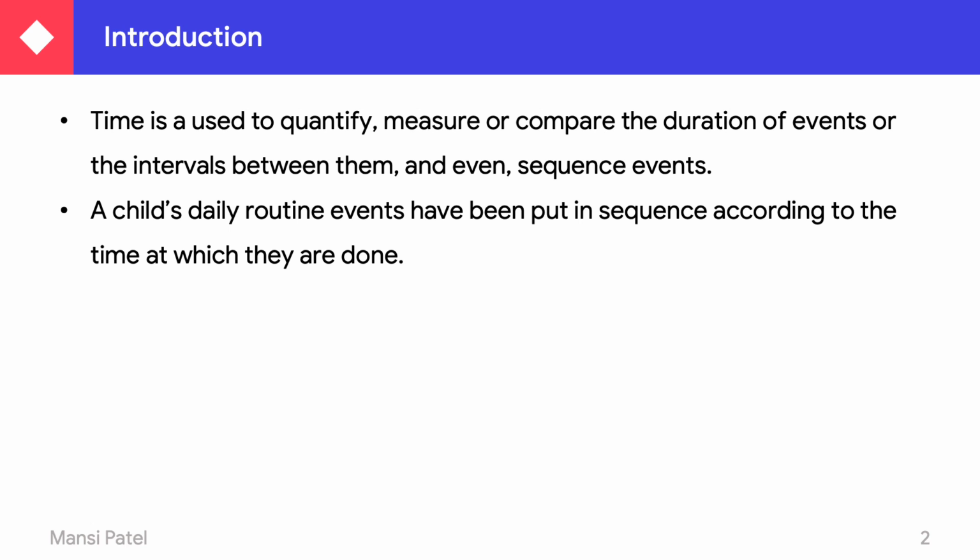See why we are using time. We have to measure time, we have to compare some durations. So we can say that time is used for comparing the duration of events, or the intervals between two times.